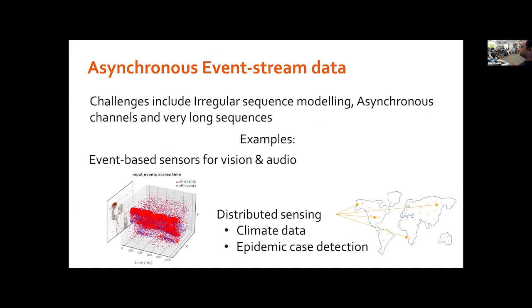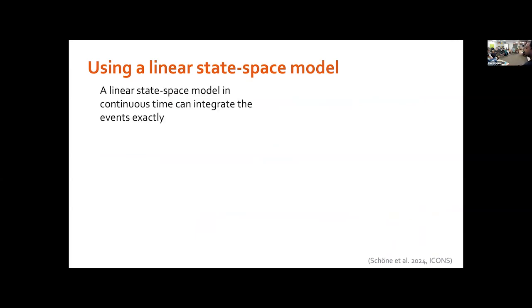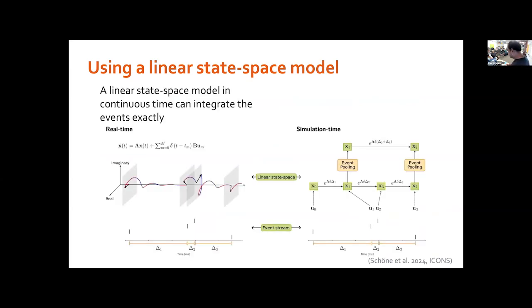Ideally, we would like to process this data as it comes in, rather than having to wait for some time and create frames, or do any sort of aggregation of these events. For this use case, linear state space models are amazing, because they're linear, which means that you can keep the state in between the units.